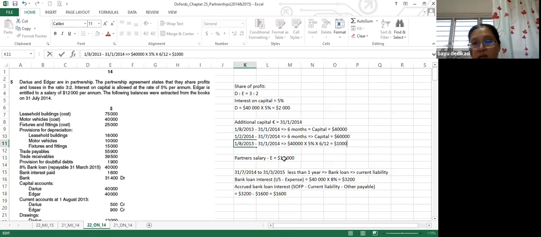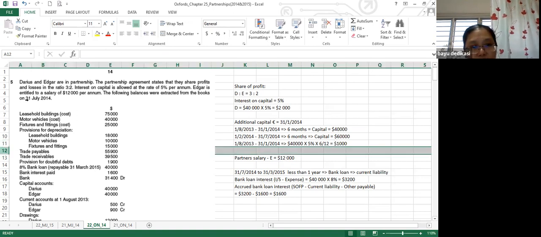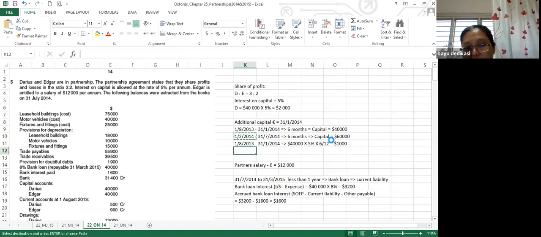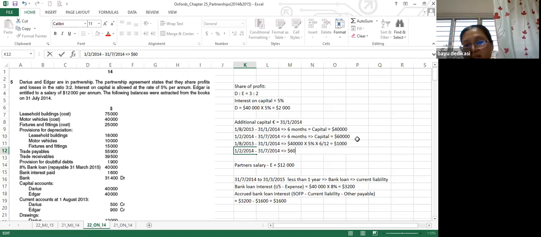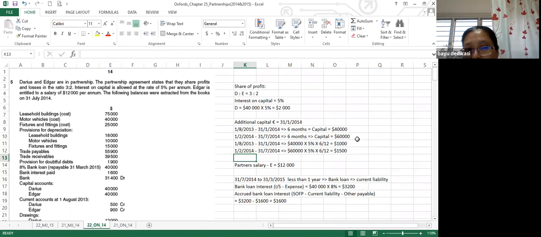So this one is 1,000. Another entry, which is this period to this period, the capital amount is 60,000. So you have to times 5% times 6 over 12, which is 60,000 times 5 divided by 100 times 6 divided by 12. So 1,500. So these two amounts total is 2,500.